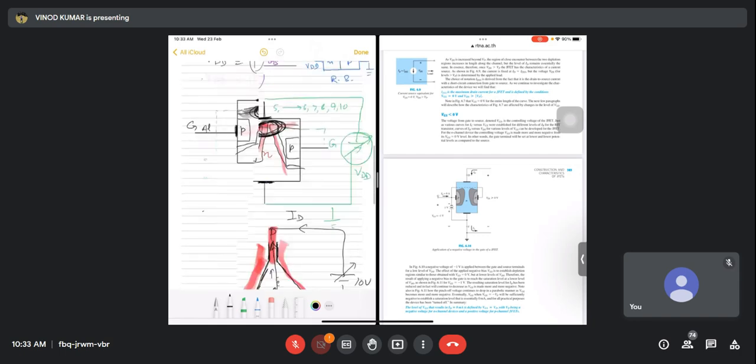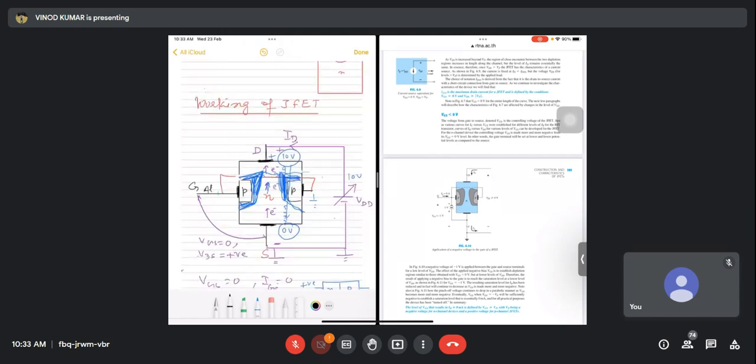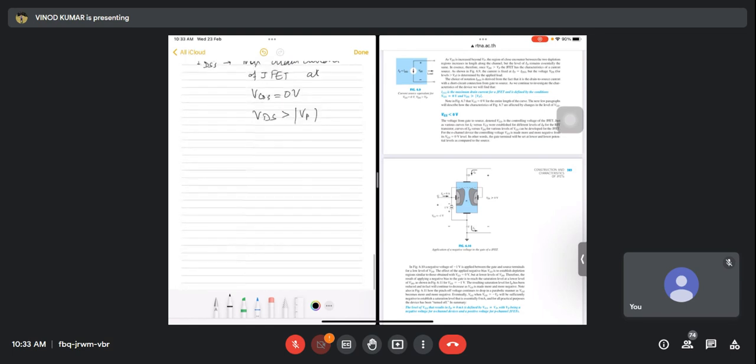तो ये first condition थी। कंडीशन क्या थी? VGS 0 है and VDS positive. Now second condition is, if VGS is less than 0 volt, okay, and we are applying certain VDS positive, तो क्या होगा?